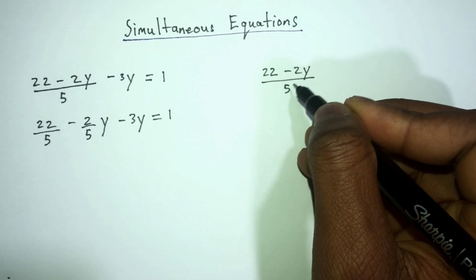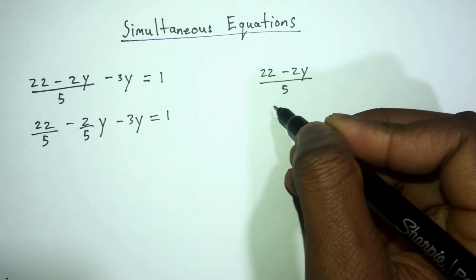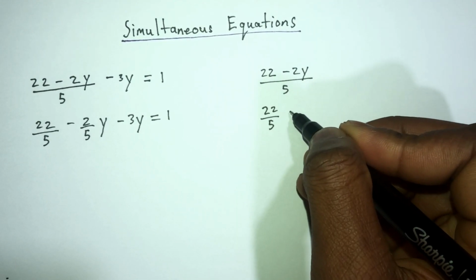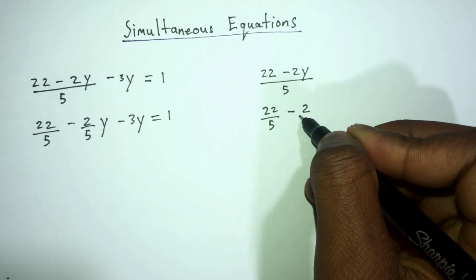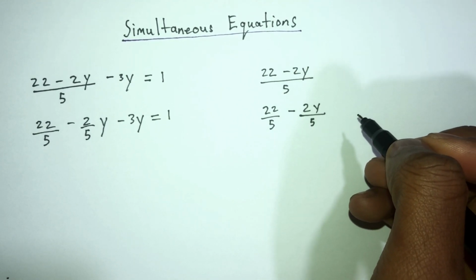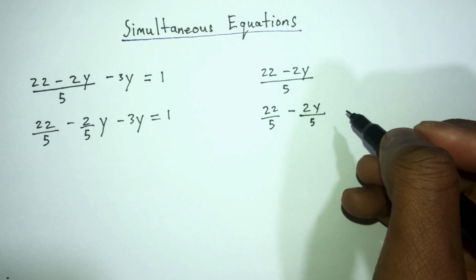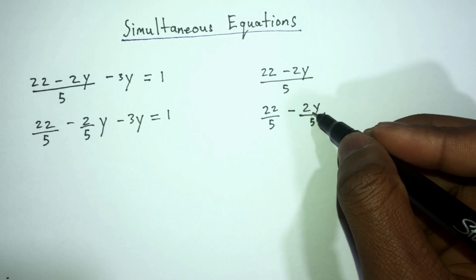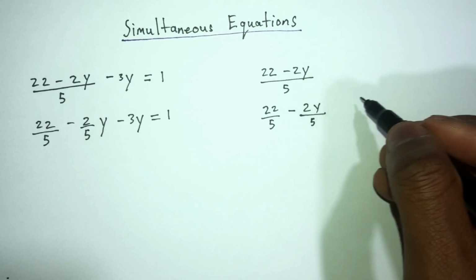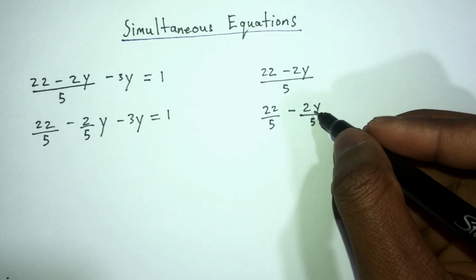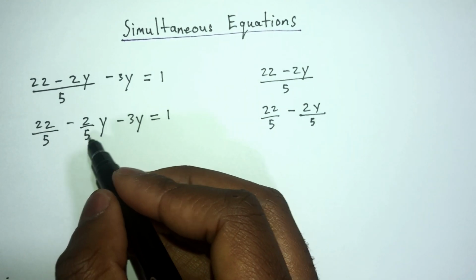And because they share the same denominator, I can write it in this form: 22 over 5 minus 2y over 5. And this 2y over 5 can simply be written as 2/5 y. So that's how I have 2/5 y here.